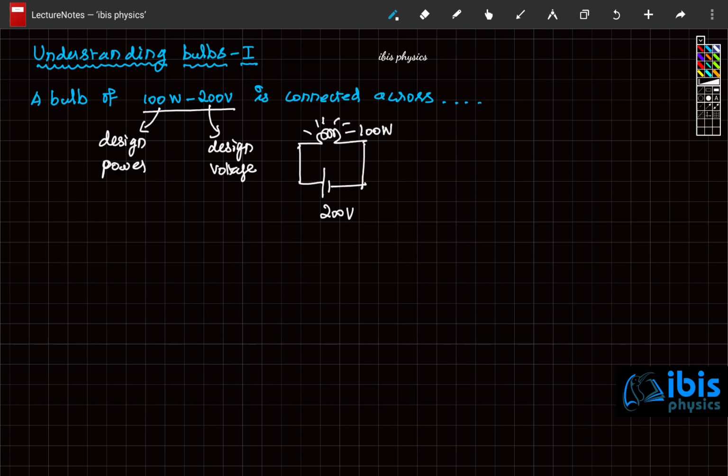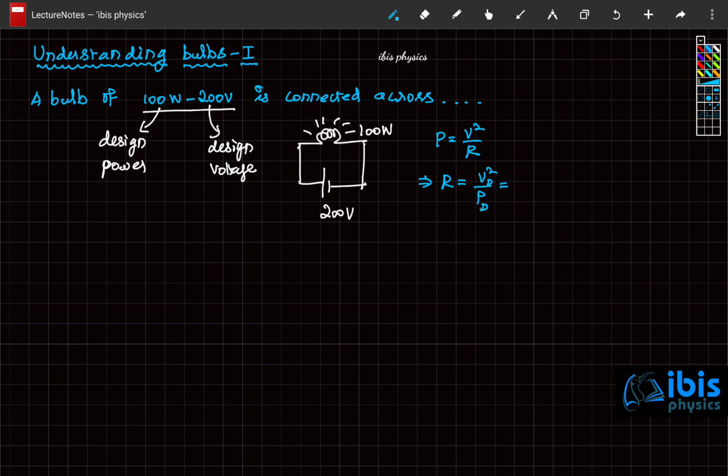When they say a bulb of 100 watt 200 volt is connected across 200 volt, it will consume a power of 100 watt. But there is more to it, because we know that power is equal to V square by R, which means R is equal to V square by P. They have given the design voltage and the design power, so substitute them.